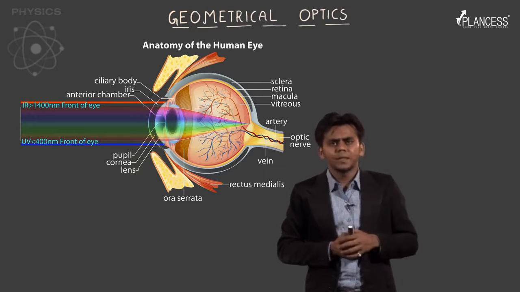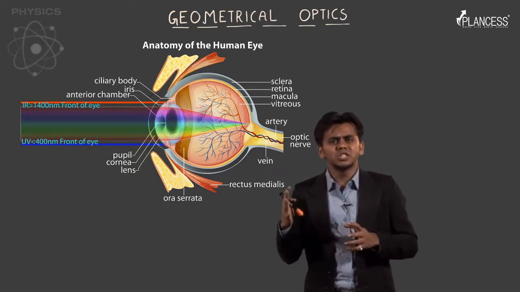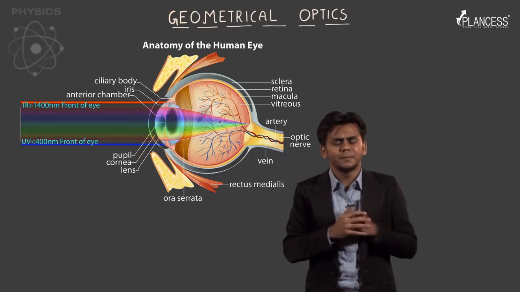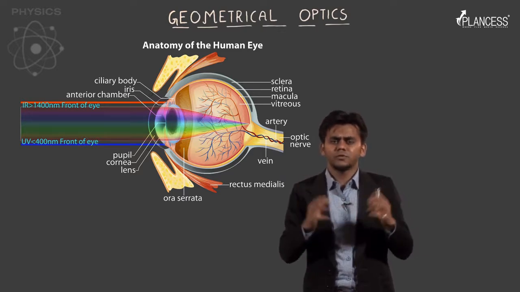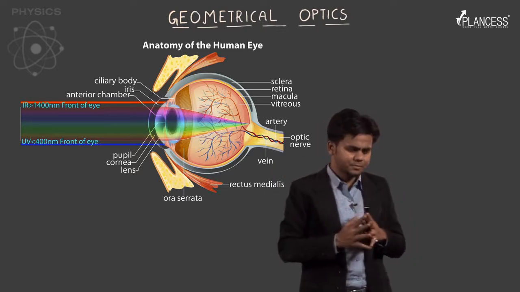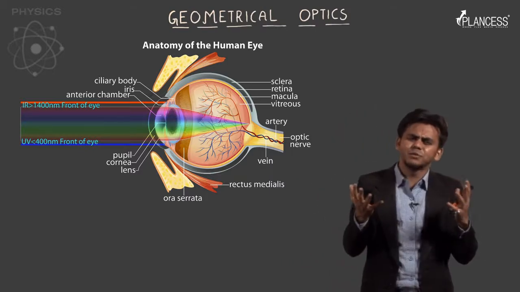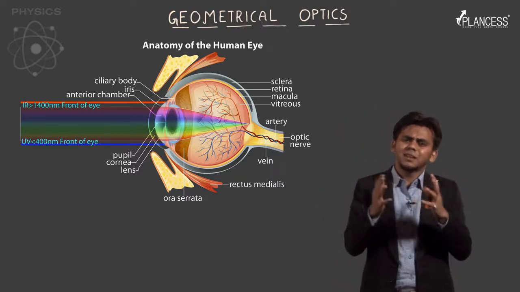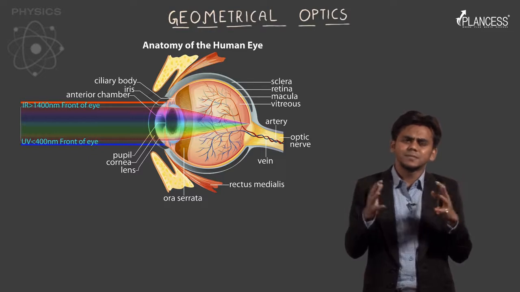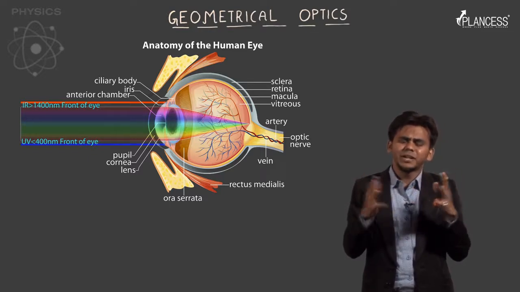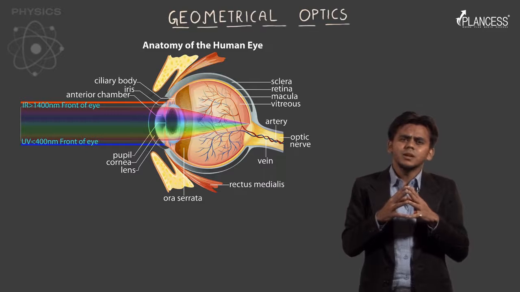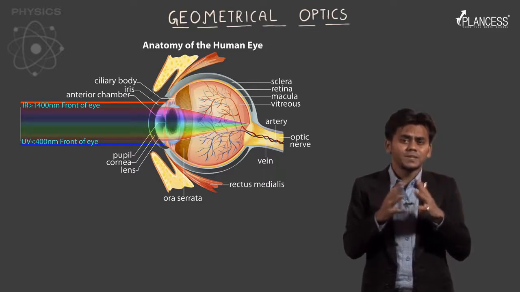So when images are to be formed on the retina because of an object kept at infinity, parallel rays would enter, and when parallel rays enter a converging lens, they have to meet at a point, and that point is your focus.